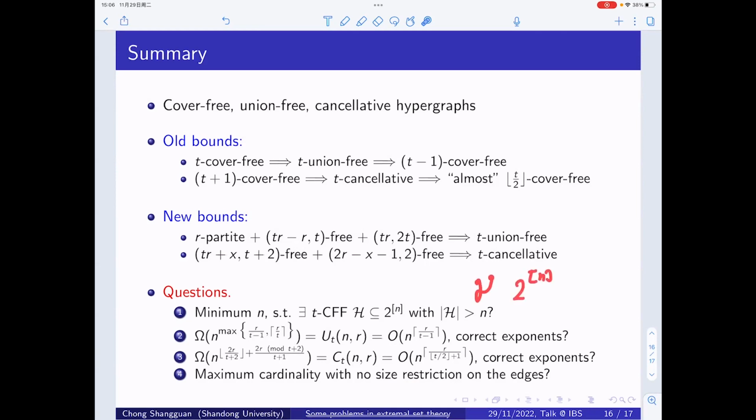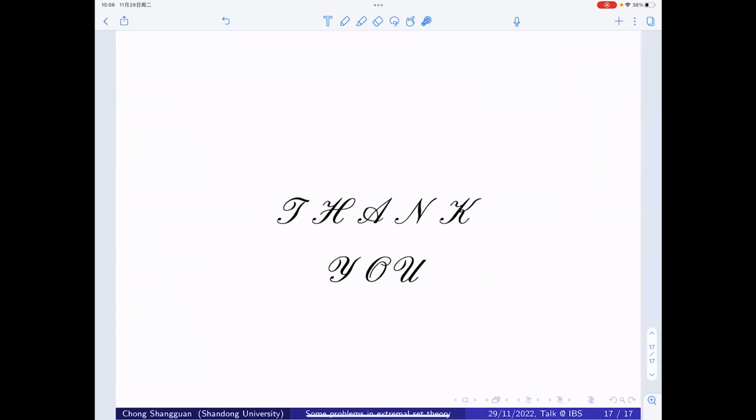So what is the maximum cardinality of such a t-cover-free family with no restriction on the size of the edges? Some people think that determining the maximum cardinality of these families is a notoriously hard question. So I think my talk ends here.